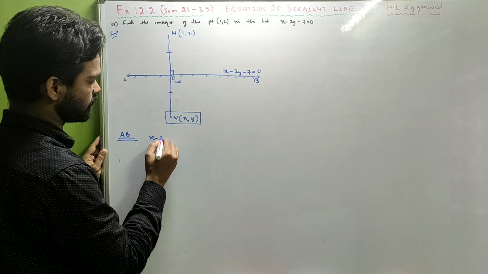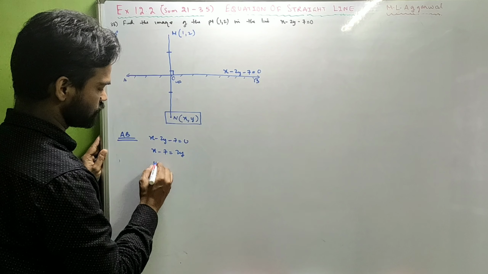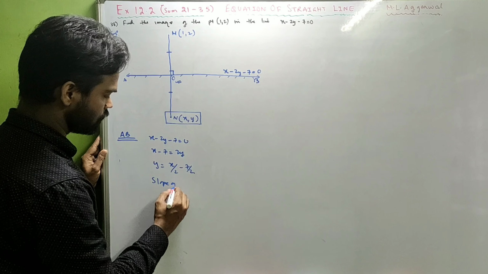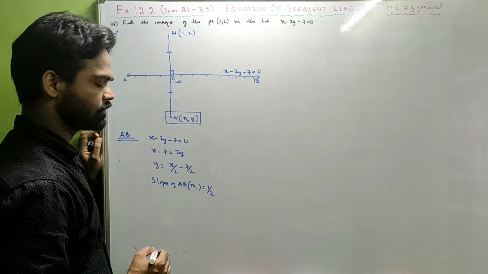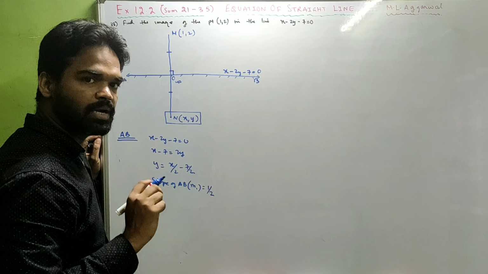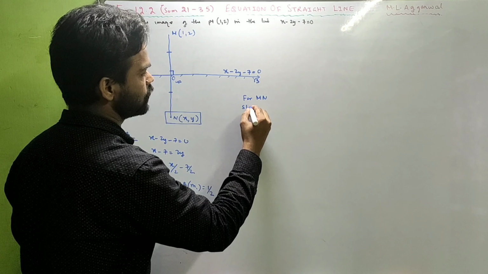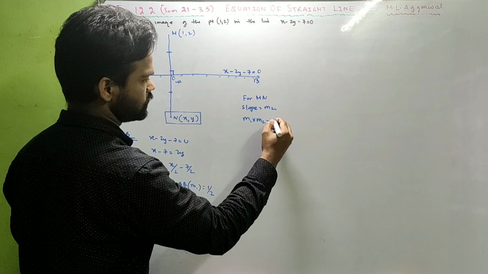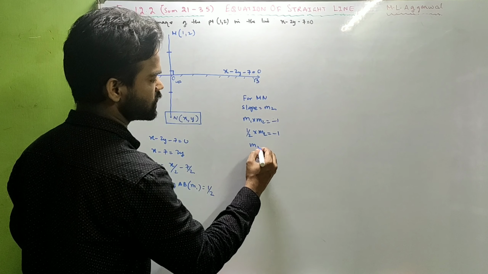AB is what? x minus 2y minus 7 equals 0, which means x minus 7 equals 2y, which means y equals x by 2 minus 7 by 2, which means slope of AB, that is M1, is half, isn't it? Now AB and MN are perpendicular to each other. So for MN, slope, suppose it is M2, then M1 into M2 is minus 1, which means M1 is half into M2 is minus 1, which means M2 is minus 2.